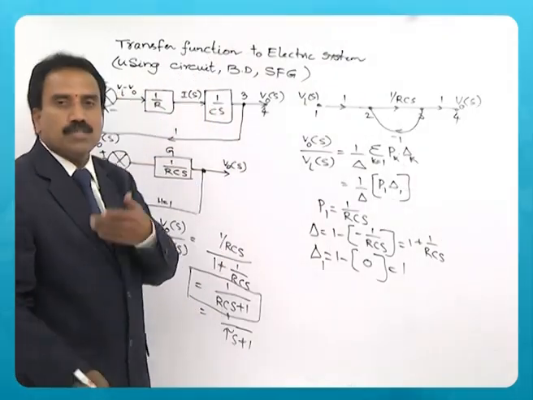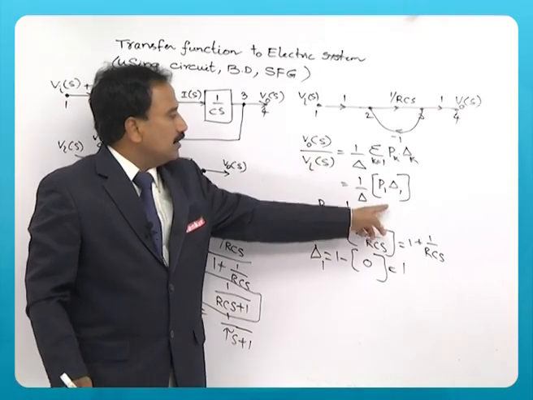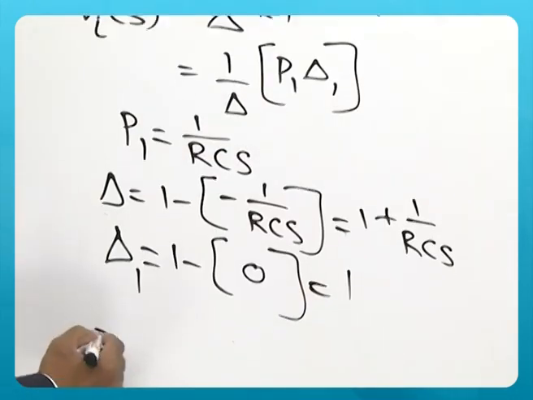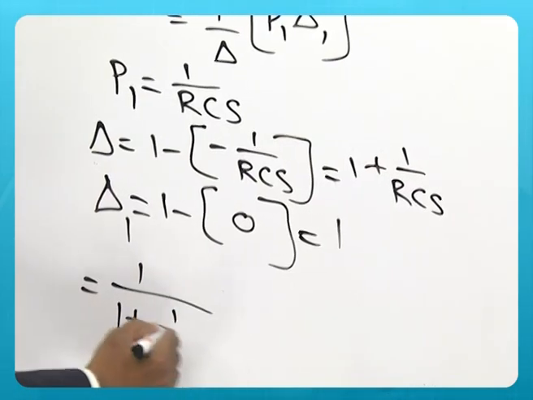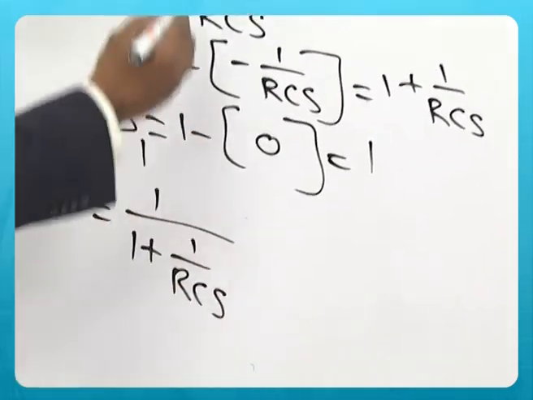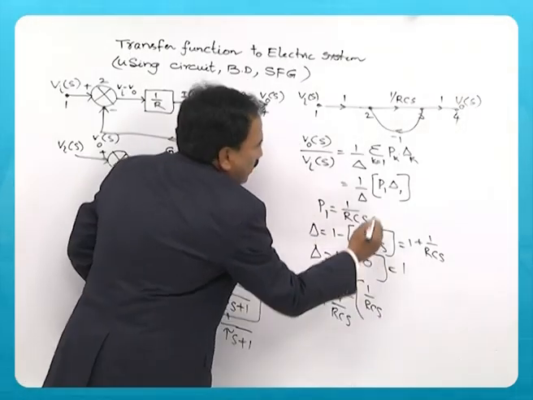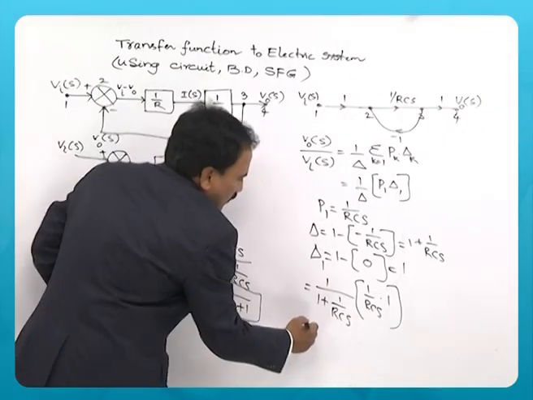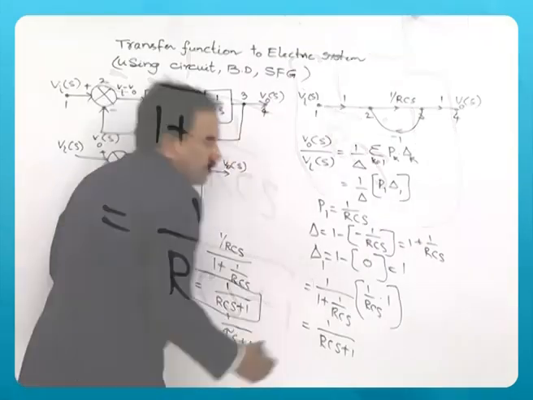Now simply substitution. In the formula for the transfer function according to Mason's gain formula, you substitute 1 by 1 plus 1 by RCS, P1 is 1 by RCS and delta 1 is 1. So this also leads to 1 by RCS plus 1.